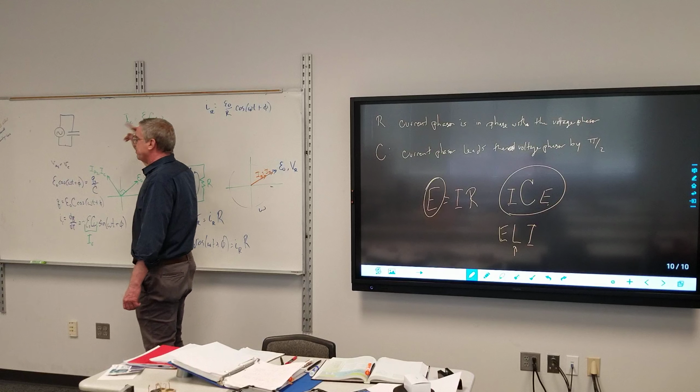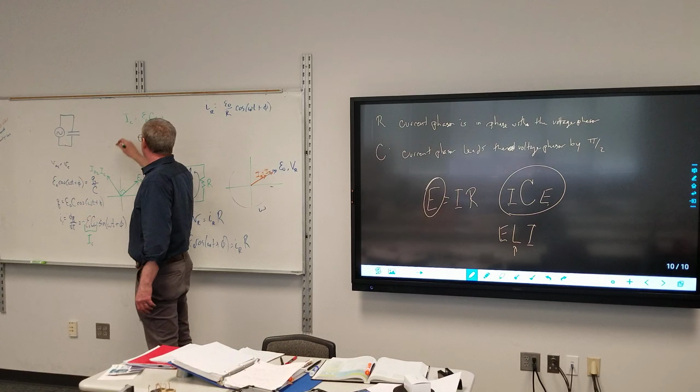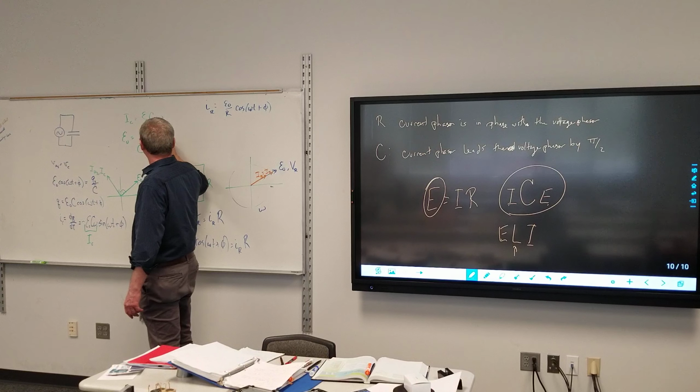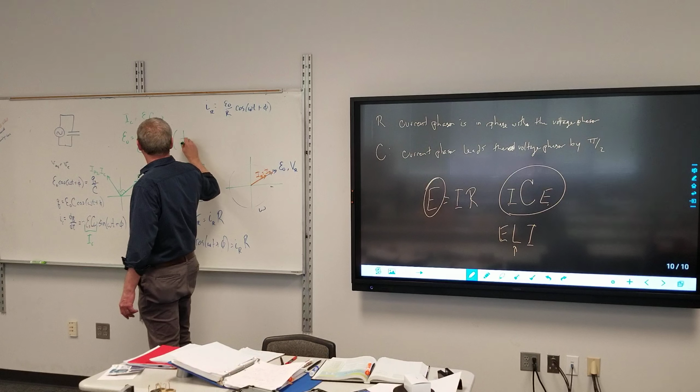I'm going to divide both sides by C omega and switch the order around. So I have epsilon sub naught is equal to I sub C over C omega. Or let me write it slightly differently: I sub C times 1 over, I prefer omega first, omega C.